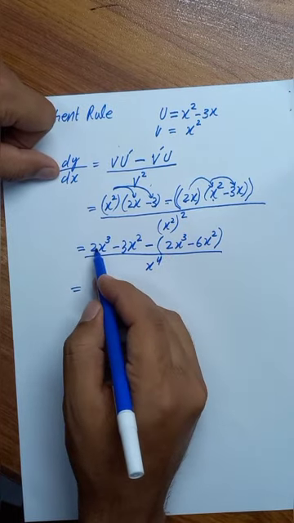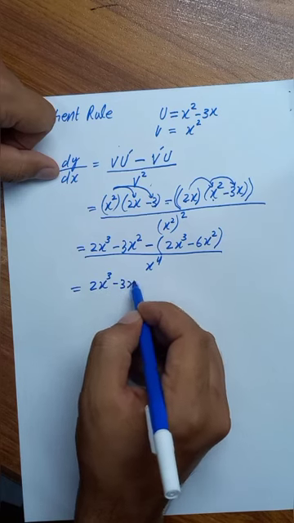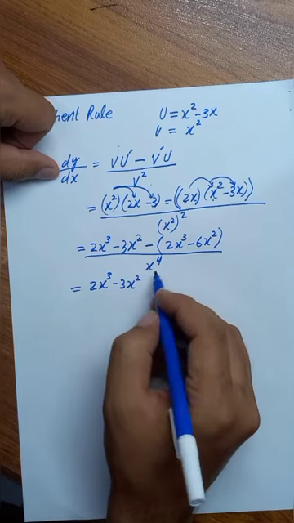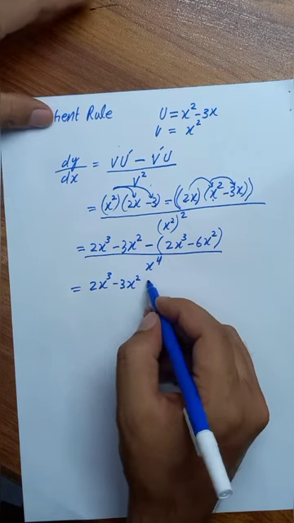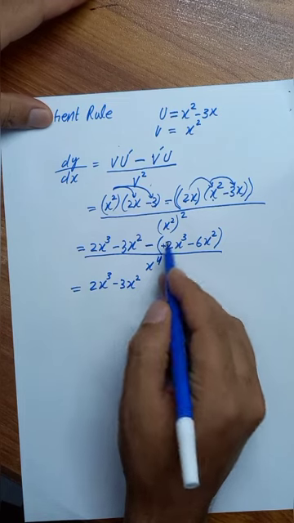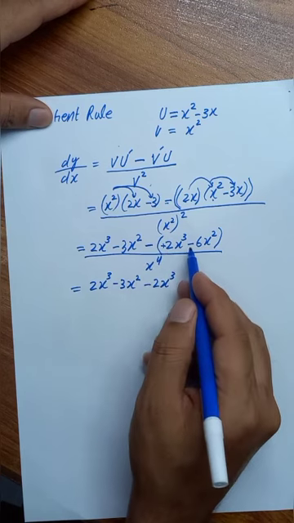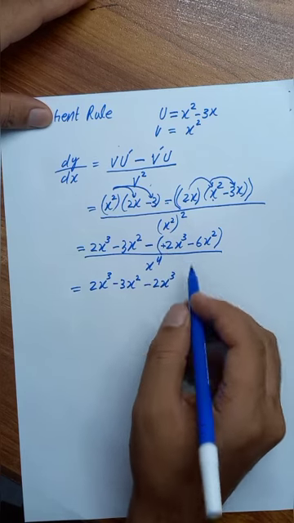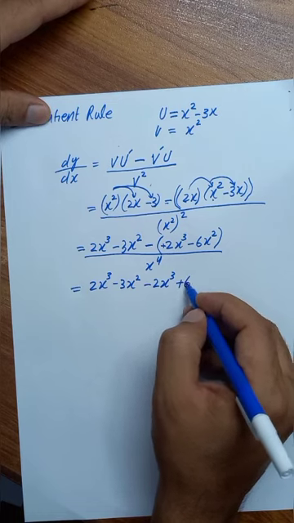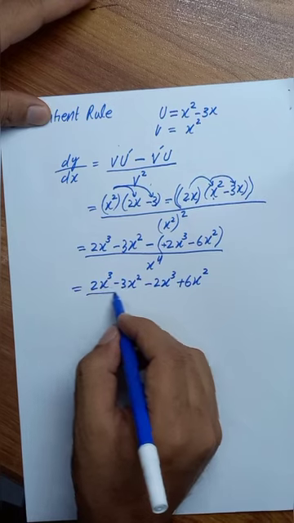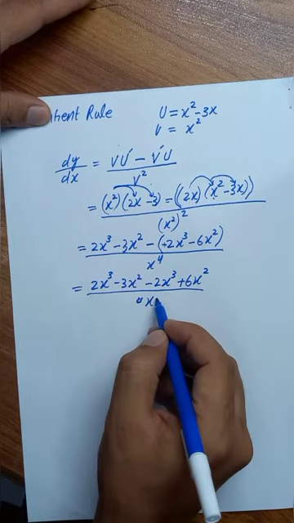Now we will write this value again as it is, minus 3x square, and the sign will be multiplying into the bracket. So this is a plus symbol, it will become minus 2x cube, and this is minus. When you multiply the same symbols, it will become plus, and we have x power 4.